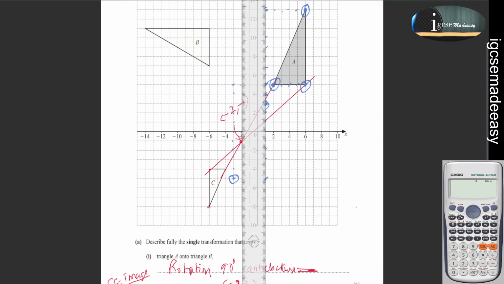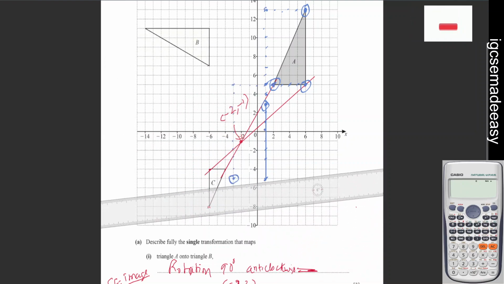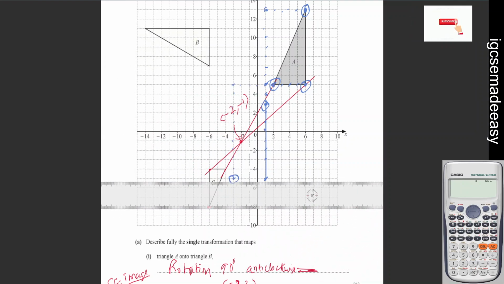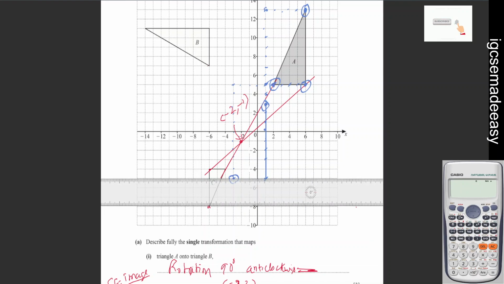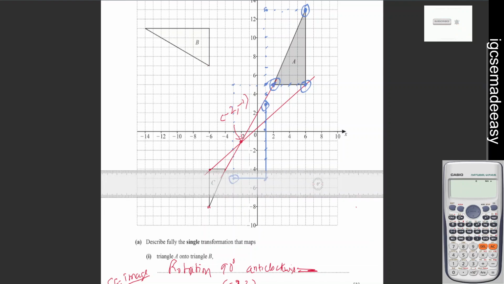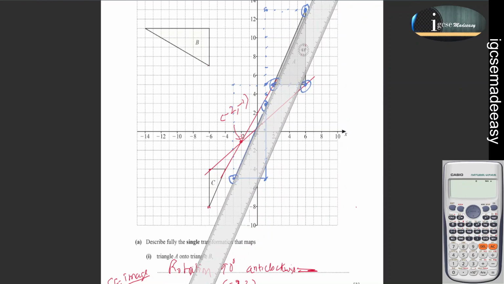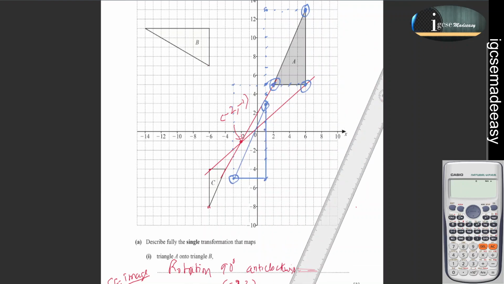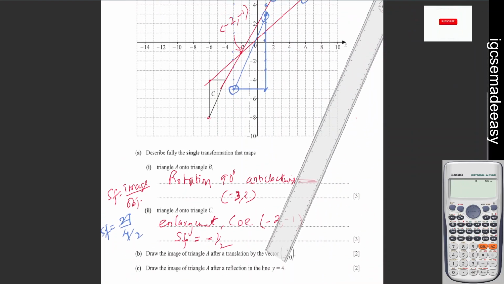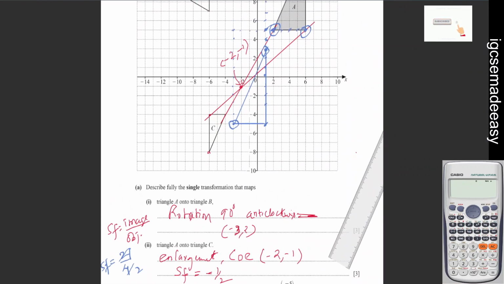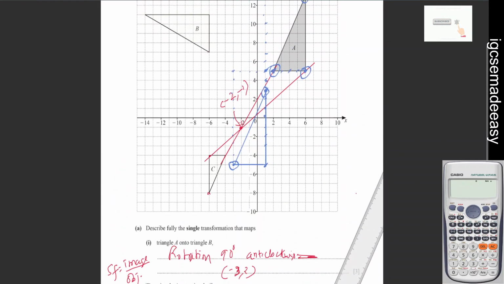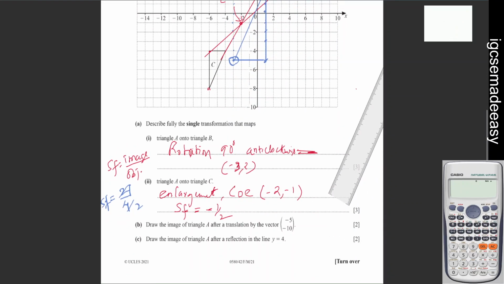You don't have to make the rounds in the exam. To make the concept much easier, I just drew the dots, but there is no need of drawing them in the exam. So this will be the triangle, the image of triangle A after shifting by -5, -10. I hope you understand this part.